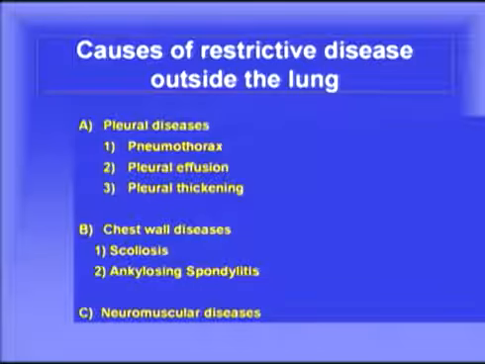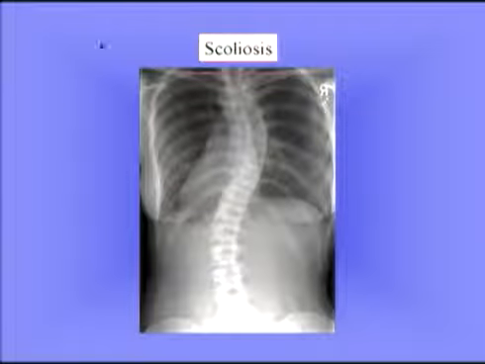Chest wall diseases can cause restrictive disease. Scoliosis is one, and here's an example of scoliosis here. You can see this marked distortion of the spine. That's a lateral curvature. If it's posterior curvature, it's called kyphosis, and this can cause compression of parts of the lung.